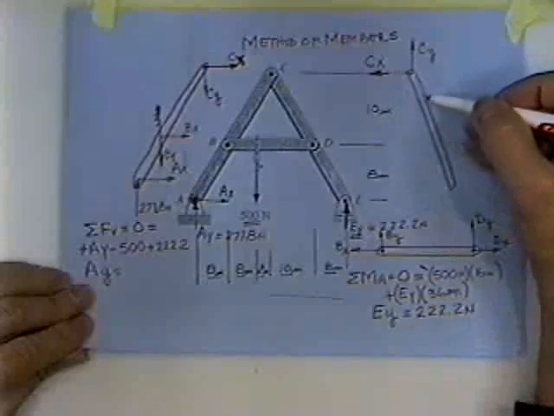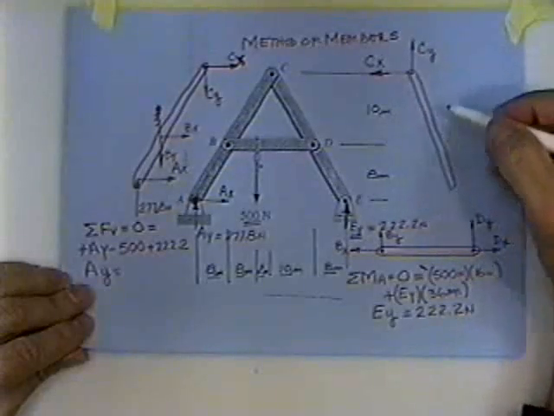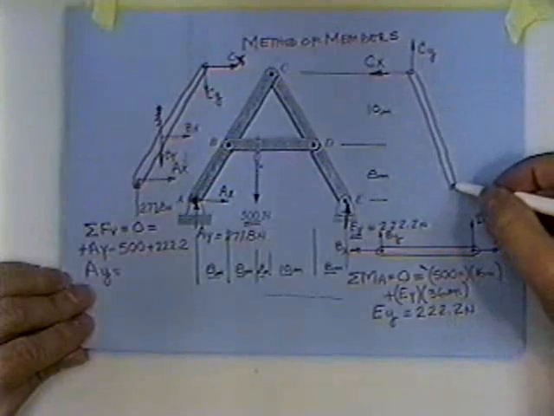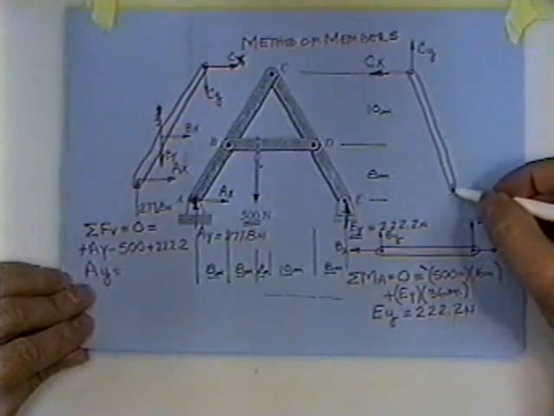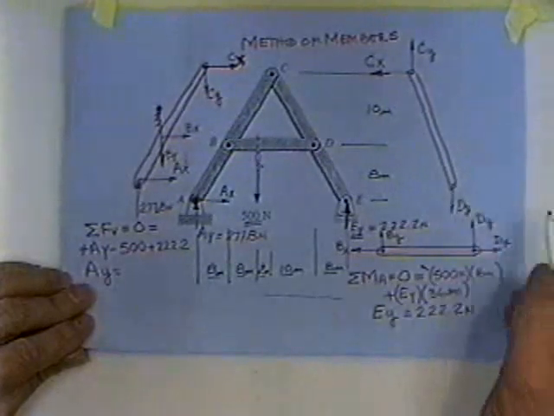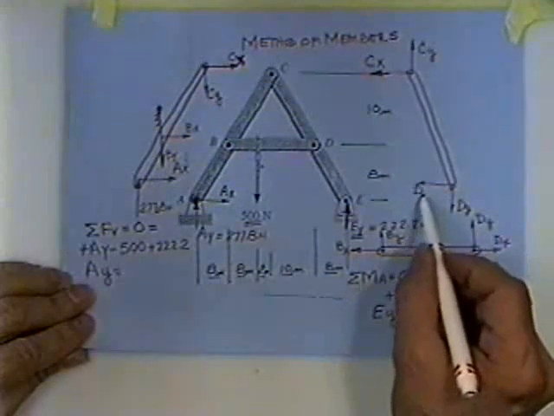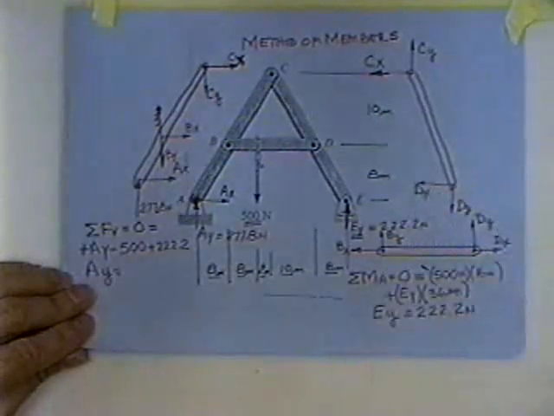Now let's go to the slanted member, CDE. DY must be shown down. DX must be shown to the left.